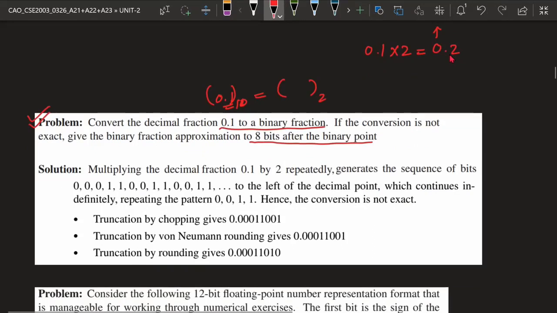Whatever the fractional part is, we will write it again and multiply by 2. So again it is 0.4. So the next integer part is 0. The fractional part remaining is 0.4, times 2, and then it will be 0.8. Again the integer is 0. The next is 0.8.